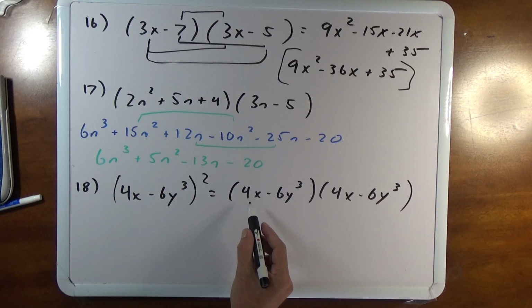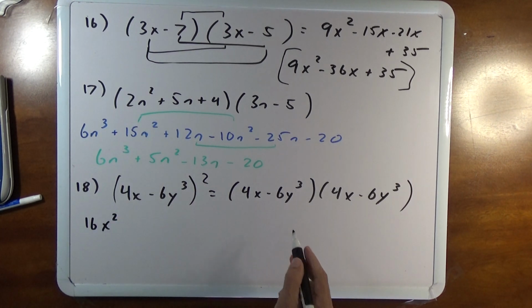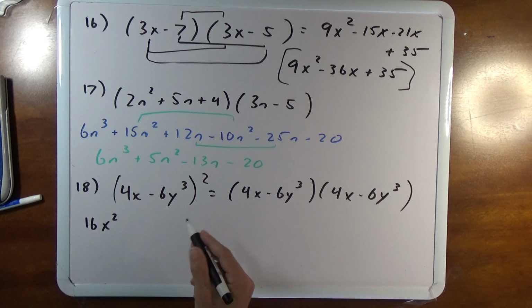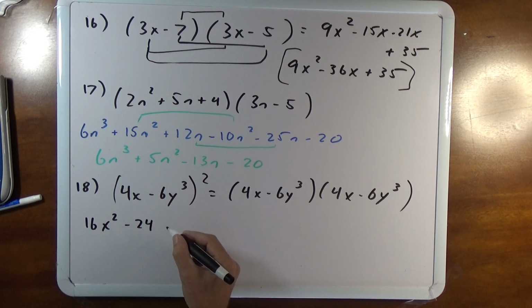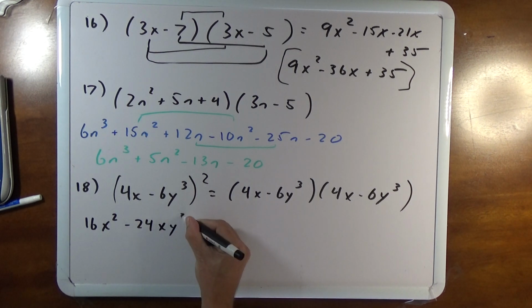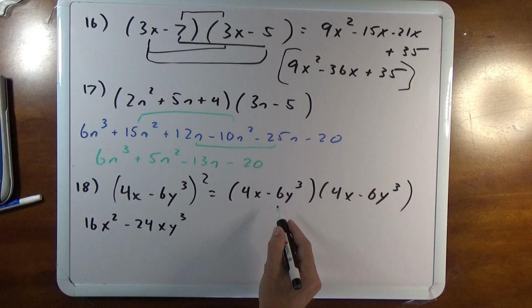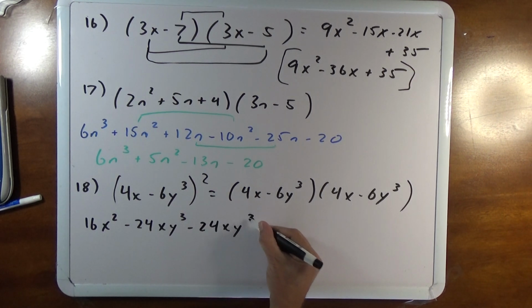So first times first is 4x times 4x, which is 16x squared. Outside, negative 6y cubed times 4x, or minus 24xy cubed. So that was outside. Inside is going to be the same thing again: 4x times negative 6y cubed, so minus 24xy cubed.